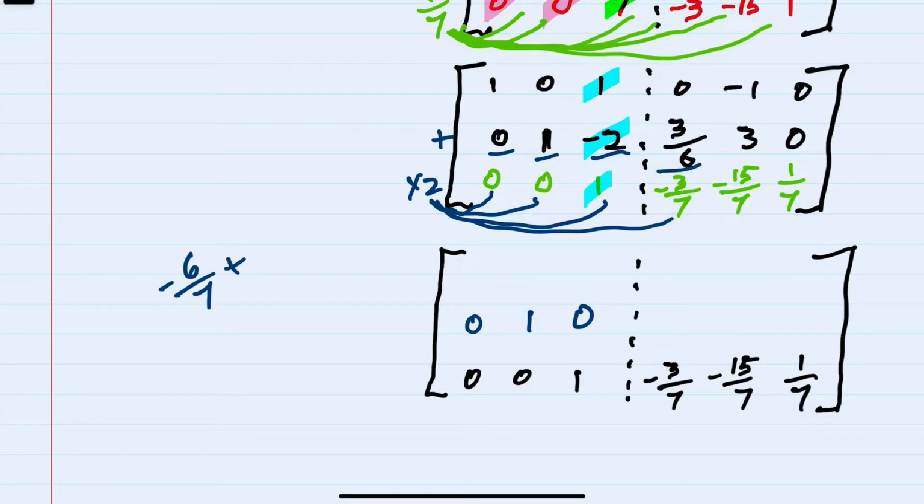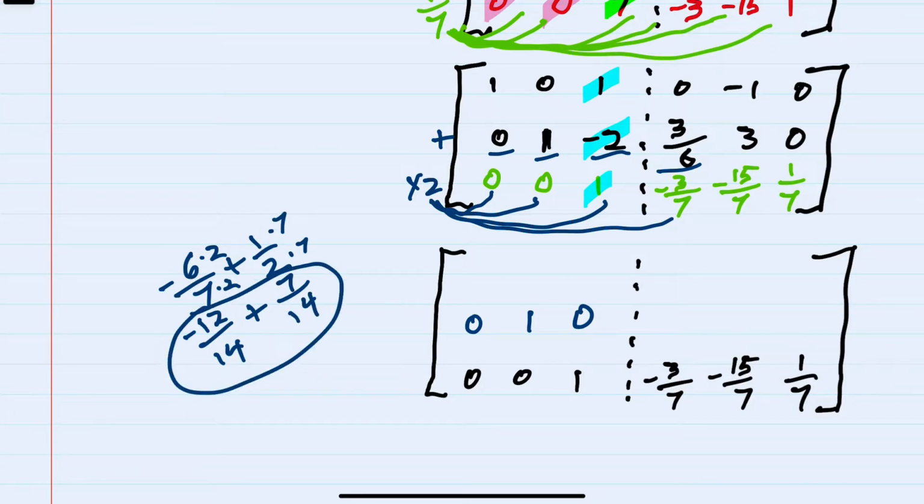So I'm going to go ahead and reduce that and get a common denominator. 3/6 is 1/2. A common denominator would be 14. So on the left-hand side, that would be a negative 12/14, plus on the right-hand side, 7/14. So when I add these, I get a negative 5/14.